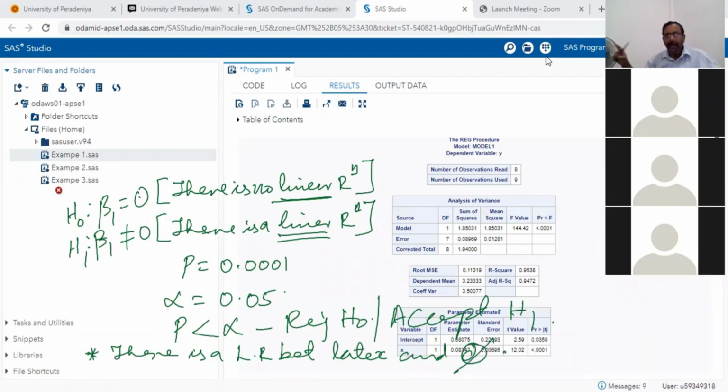You can write in words, diameter of rubber trees. Once you say there's a linear relationship, everybody understands.